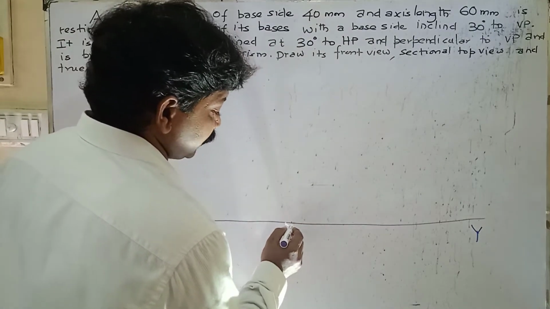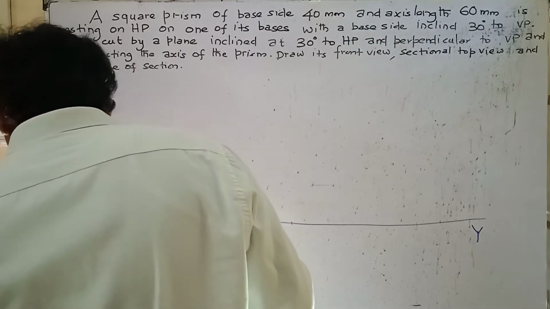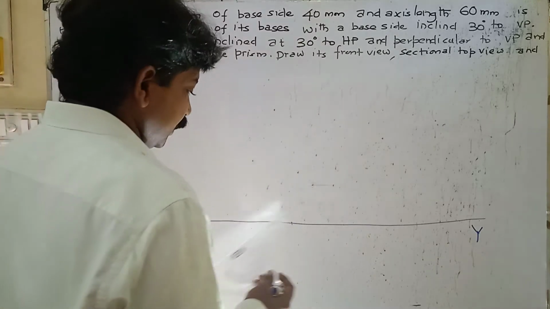So mark a point and fix the protractor here. Take 30 degree inclination.